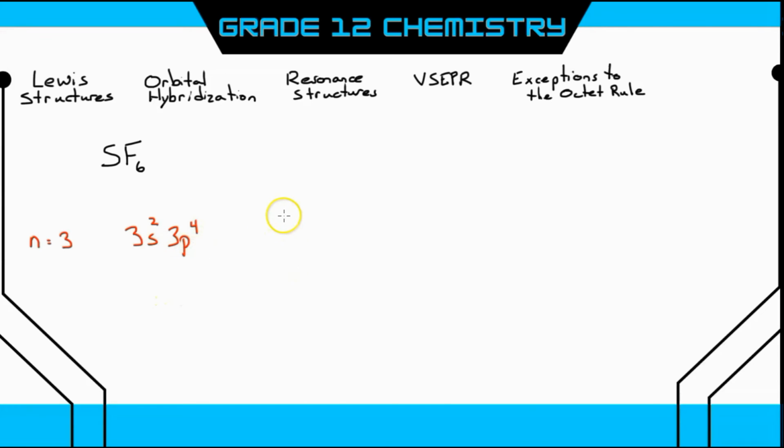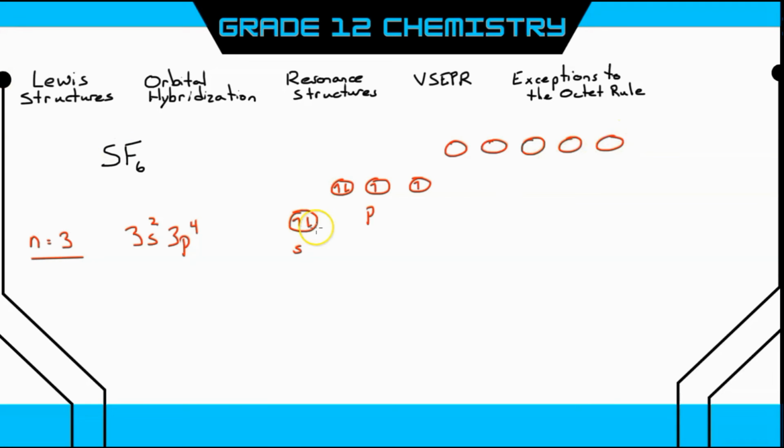So let's draw what that looks like in an energy level here. So we've got an s, so this is 3s, where we have 2 electrons. And then we have our p, where we have 4. So 1, 2, 3, 4. That's our p. And in our third energy level, we can have a d orbital. So let's just draw a possible 5 there.